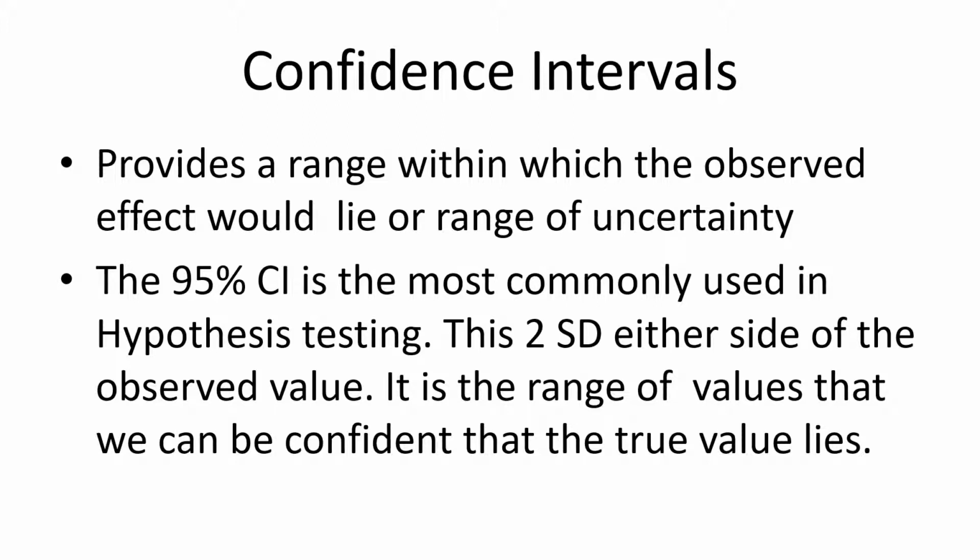So if you recall, we have our standard distribution, and our standard deviations, and you may also recall the 68, 95, 99.7% rule. We would like to be fairly confident that our observed value would lie somewhere within 2 standard deviations, or 95% of the time.